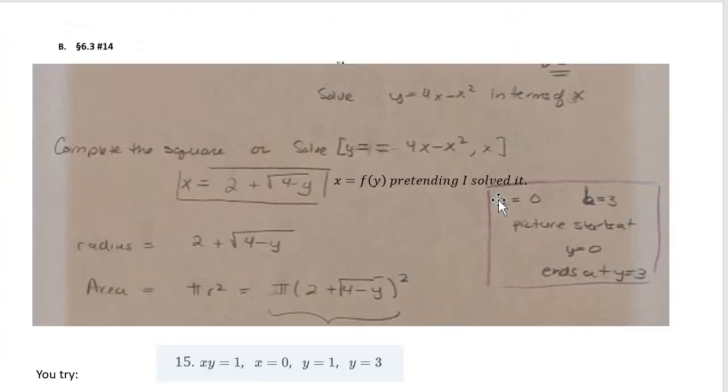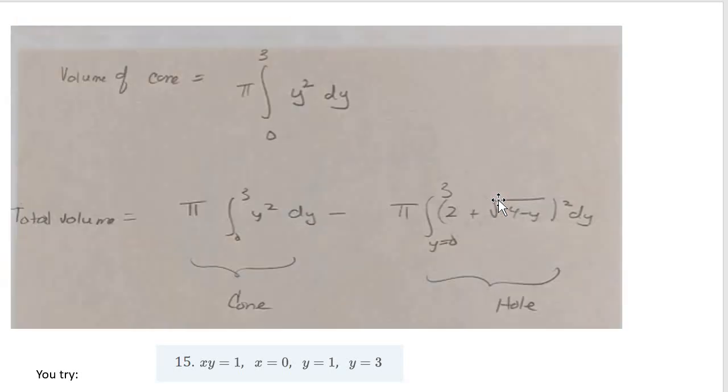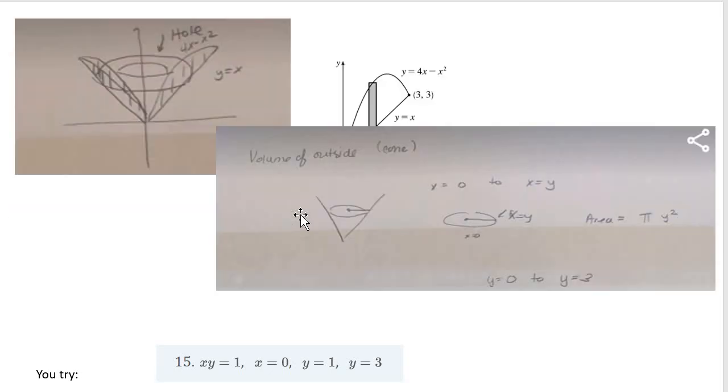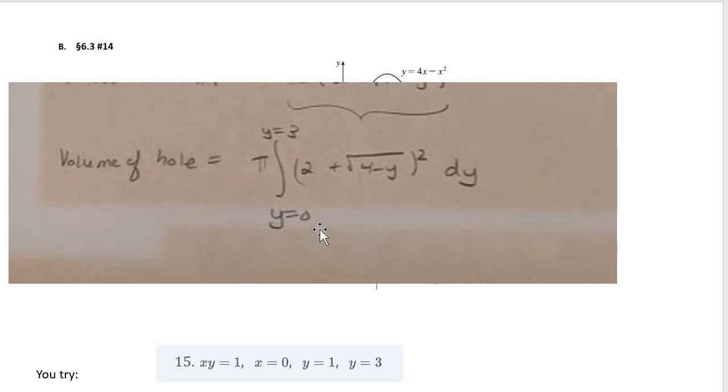So I have my a to b, but everything's in terms of y now. Spinning around the y just changes everything to y, and the volume of the inside turns out to be the integral from y equals 0 to y equals 3 of this function right here squared, dy.